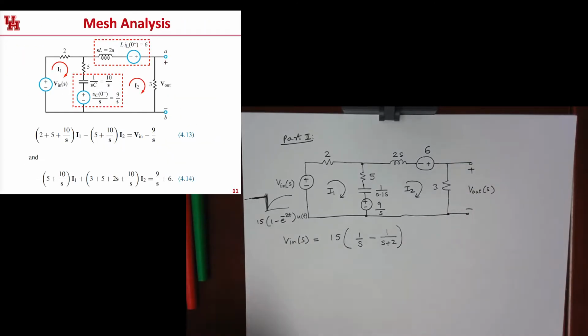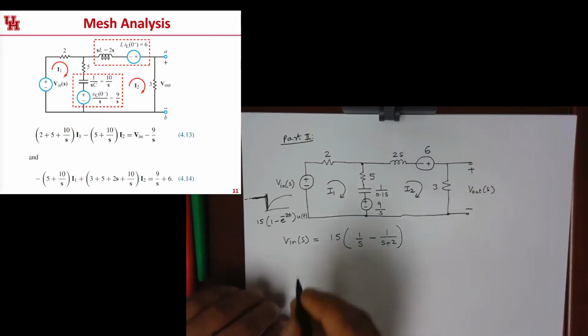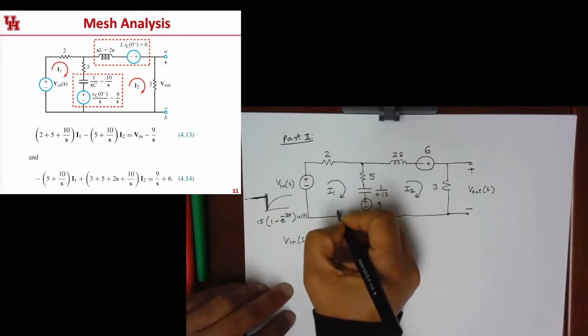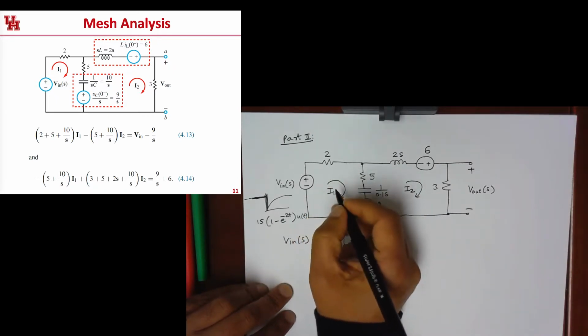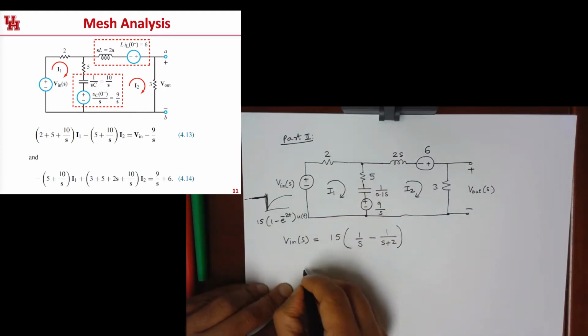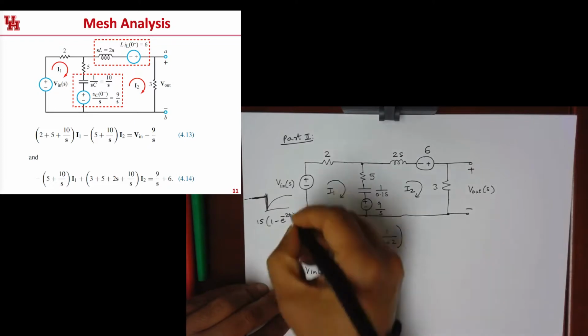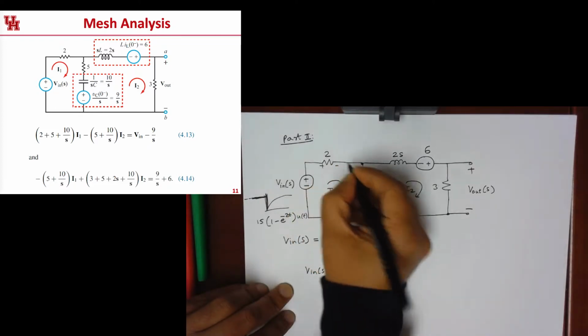So the way to do that is to first write down KVL for this part of the mesh. So the voltage is going to be Vn of S. Let's keep going along in this direction.